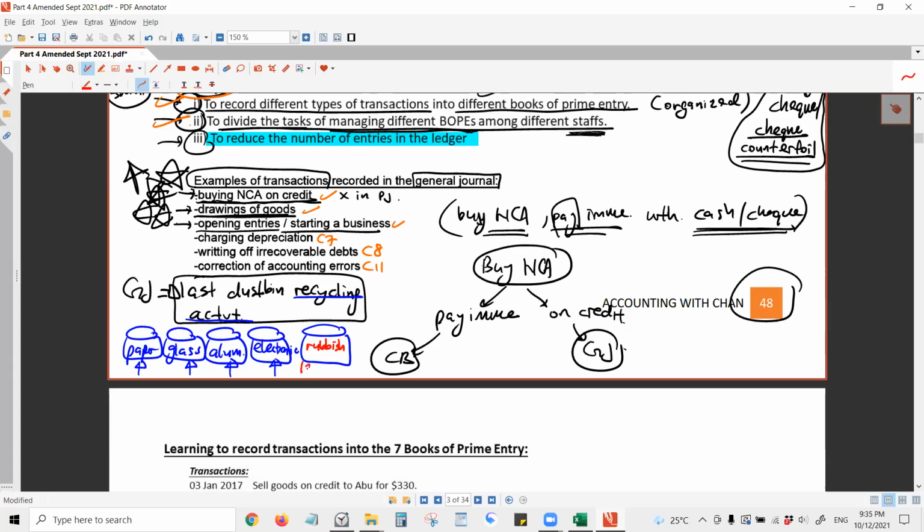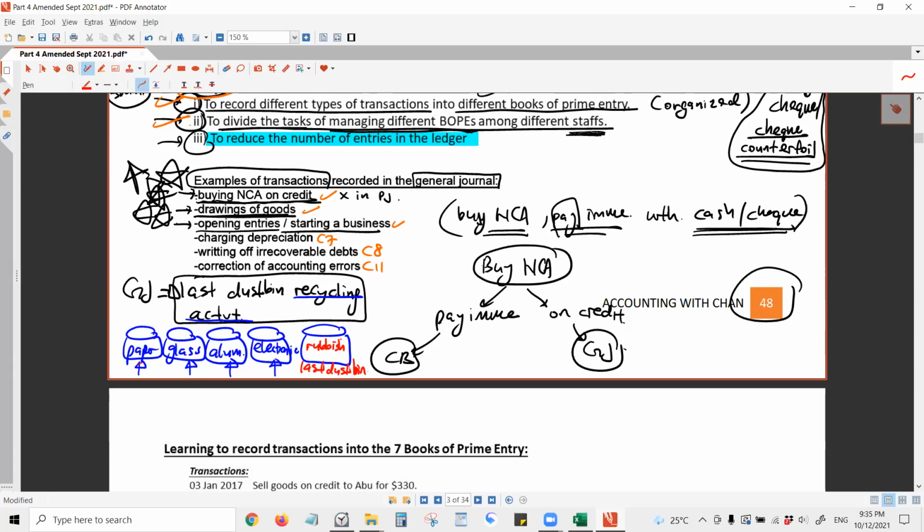And I also call this the last dustbin. Because when you are looking at something and you see that it's not paper, then you don't throw it into the paper bin. When you see that it's not glass, you don't throw it into the glass bin. When you see that it's not aluminum material, then you don't throw it into the aluminum bin. And it's also not electronic, therefore you cannot recycle it.